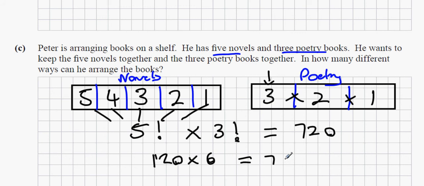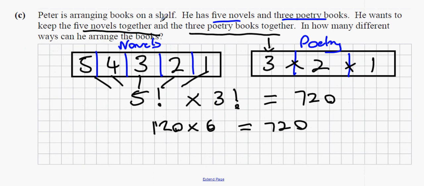Now, remember that the 3 poetry books have to be all together, and so do the five novels. But what we could also do, and what we didn't really take into account here, is what we can do here.